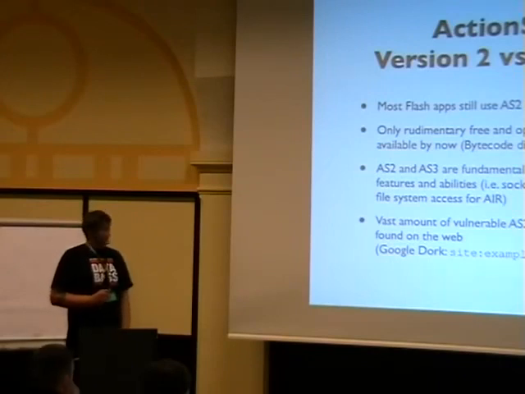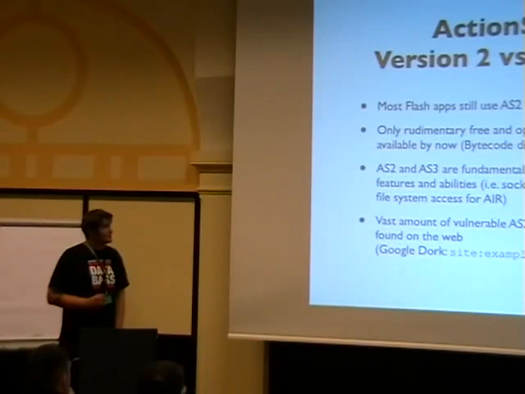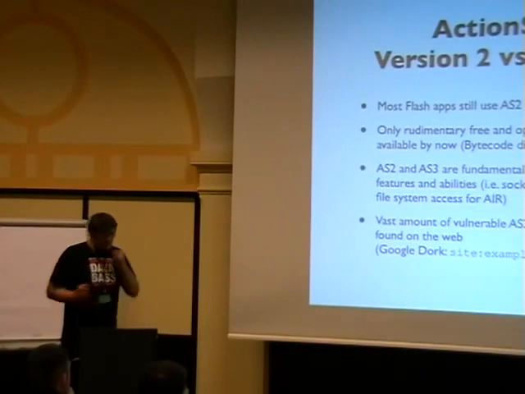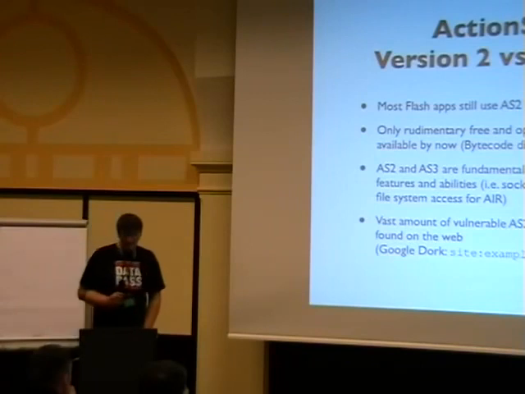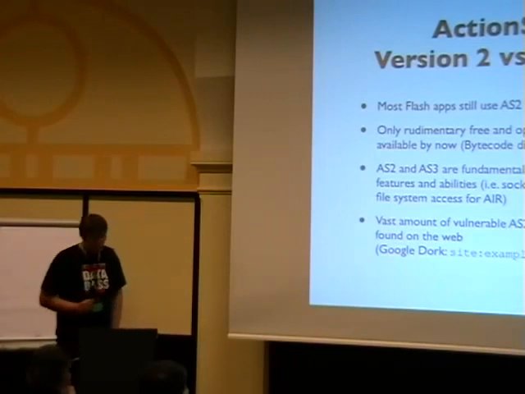On one hand, a couple of vectors are gone from ActionScript 2, but there are a couple of things you can do with ActionScript 3 now, stuff like sockets, and in AIR you have even file system access, functions for reading and writing data on the file system.